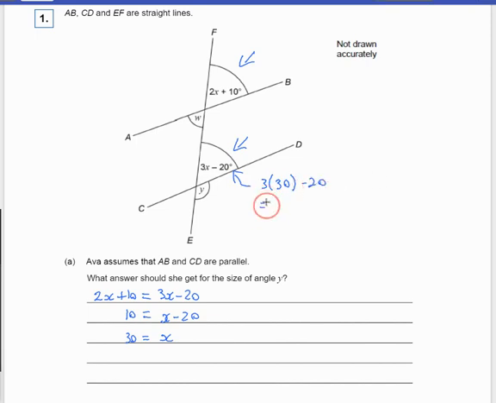That is equal to 3 times 30 is 90, minus 20, which equals 70. So now we know that this angle here is 70 degrees. And because this angle and y are on a straight line, they must add up to 180 degrees, which means that y is going to be 110 degrees. That's what you get when you take away 70 from 180.